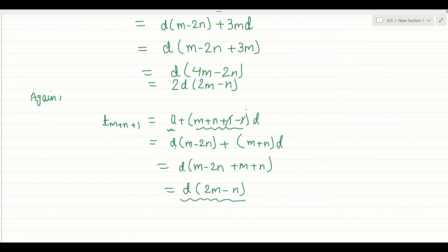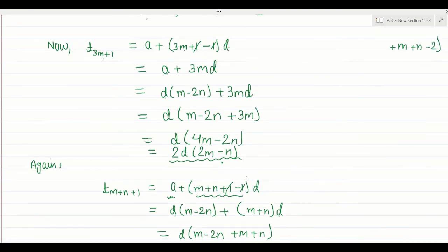Now compare this and compare this. So what is this? This is T 3m plus 1th term.